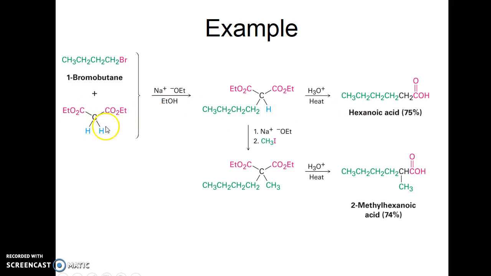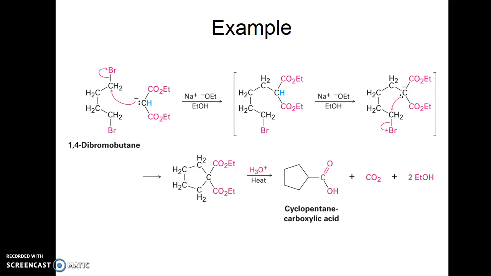So you can look at these 2 hydrogens, at least one of them being right here. If you want to, you could do it again. You could alkylate twice. Deprotonate, sodium methoxide, alkylate again. Notice what we get. We get both alkyl groups on there. Now when we decarboxylate, you can see one alkyl group from up here. Here's the other alkyl group.